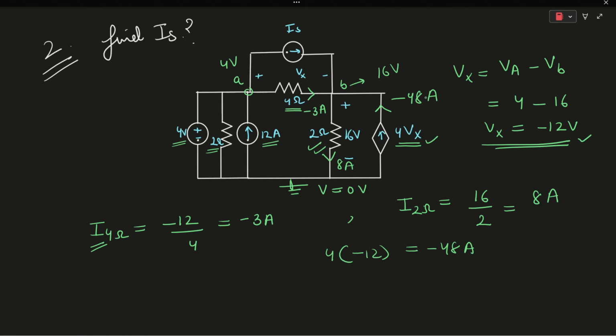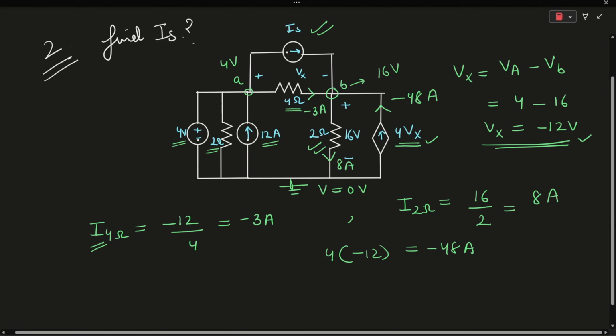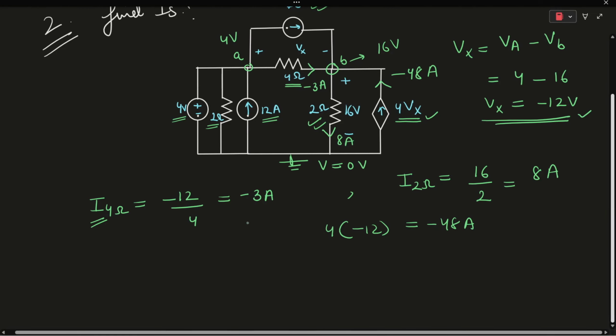In order to find the value of Is, we can apply KCL at this node B. How do we apply KCL?